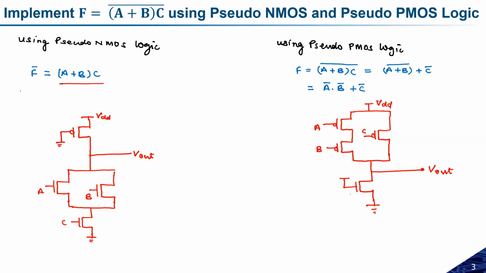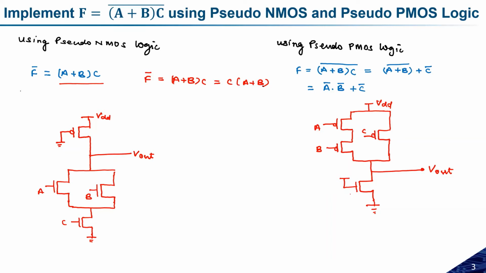Suppose, is there any problem with this, like (a plus b) into c is the same as c into (a plus b), right? Is it true? I think both are the same.